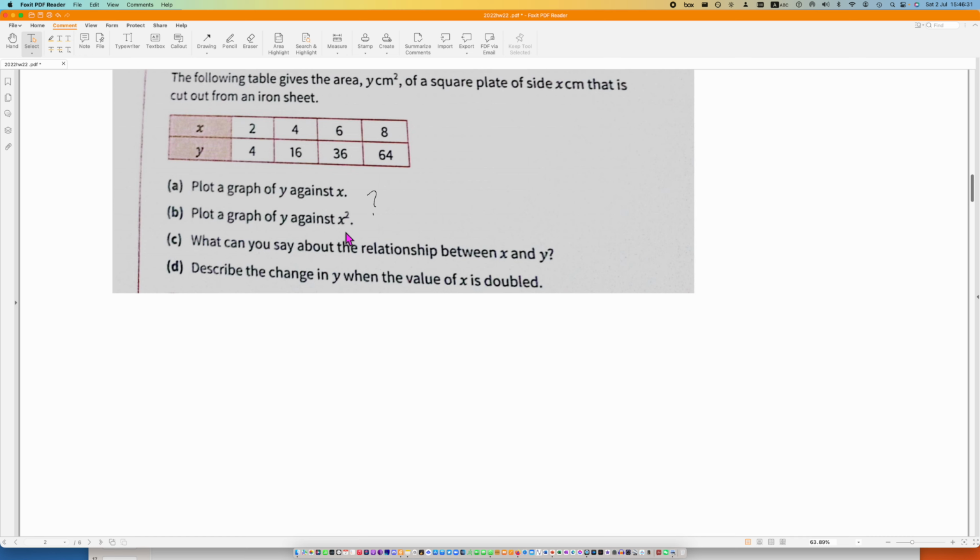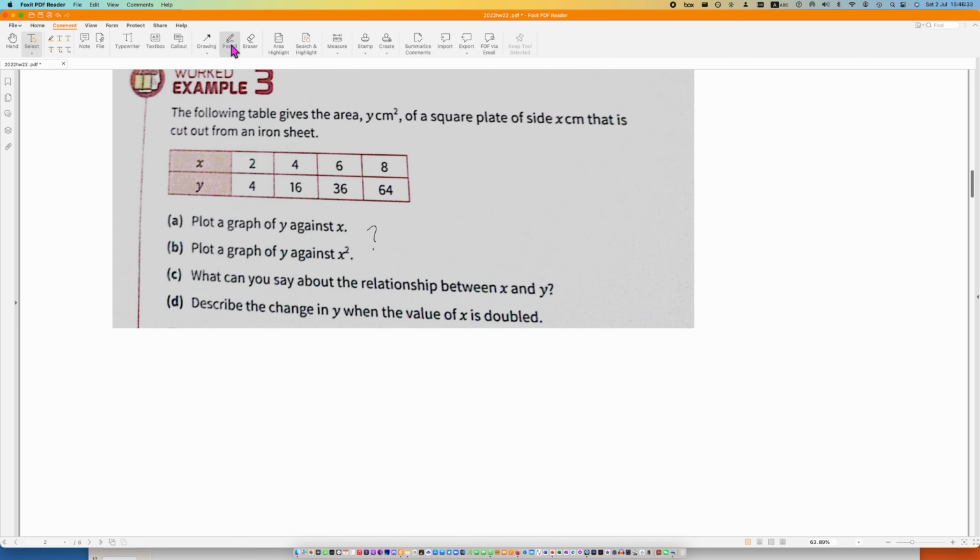Actually, this one is very easy. Just plot the graph. How come you never plot the graph? Continue. 2 and 4. 4 and 16. Then you just connect.